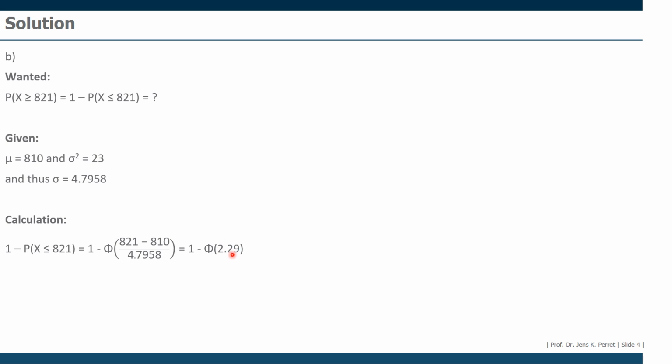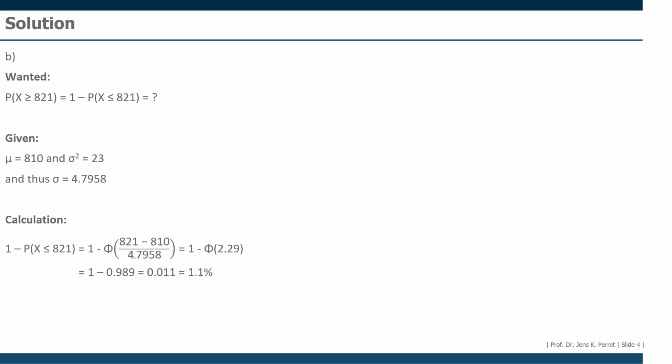The 2.29 we can look up in our table, finding there a value of 0.989, so that as a final result we get 1.1%. So the chance that one of the cans cannot be sealed correctly is about 1.1%. Well, that's already part 2.